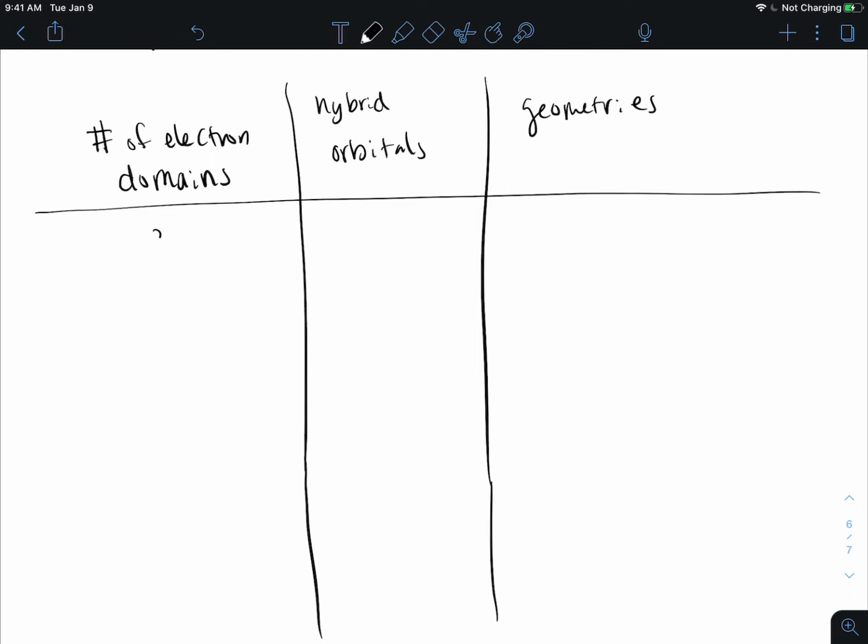So if we have 2 electron domains around a central point, we need 2 equivalent orbitals. These bonds, we're assuming they're equivalent. So all of the bonding orbitals have to be equivalent in energies, and that's another reason why we hybridize. So we get 2 sp orbitals, and that's going to be a linear geometry.